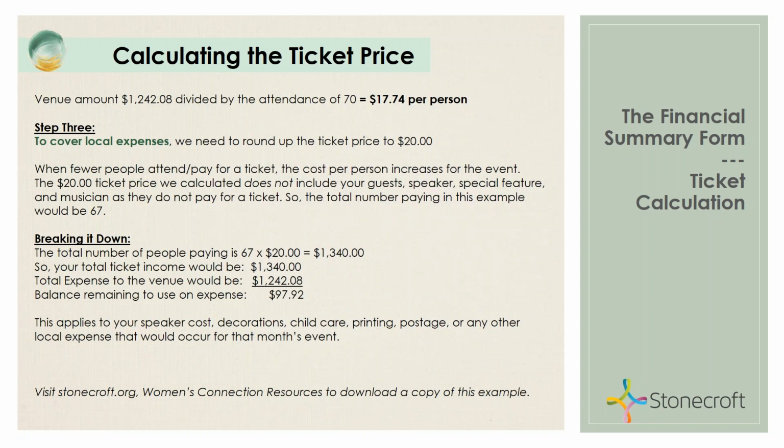Total expense to the venue would be $1,242.08. The balance remaining to use on expense is $97.92. This applies to your speaker costs, decorations, childcare, printing, postage, or any other local expense that would occur for that month's event.